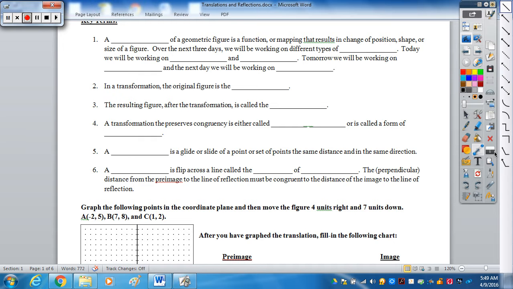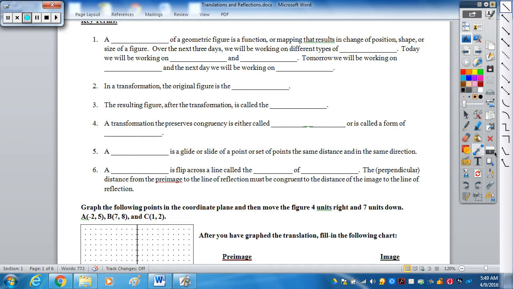So when we think of not changing in shape, think rigid. It's tight, it doesn't change in shape, it's not fluid. Rigid motion is also called a form of isometry. Isometry is a more technical term. When we were taking the park tests a couple years ago, we were getting prepared for that, and the term was rigid motion. So you need to know both terms.